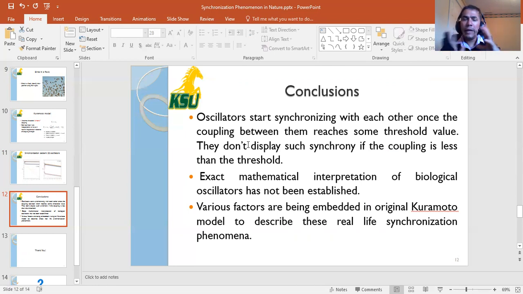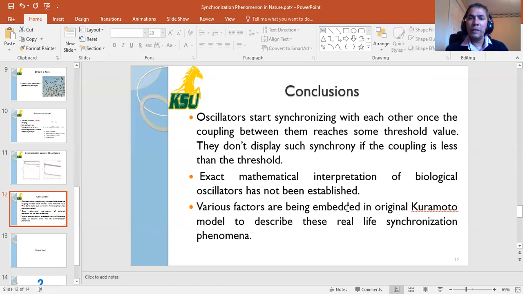We haven't yet established any mathematical formula that can perfectly describe this natural synchronization event. Physicists and mathematicians are working in this field to find a model that can explain this natural phenomenon, but not yet 100% successful.